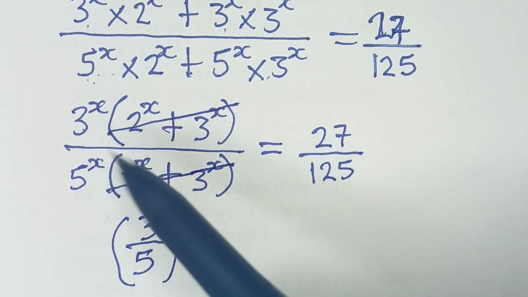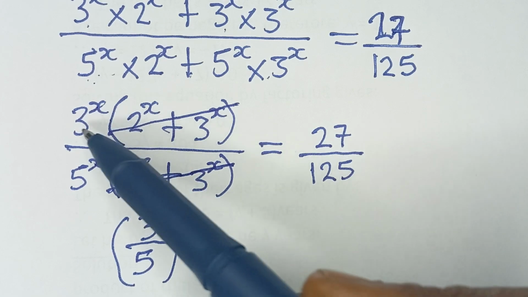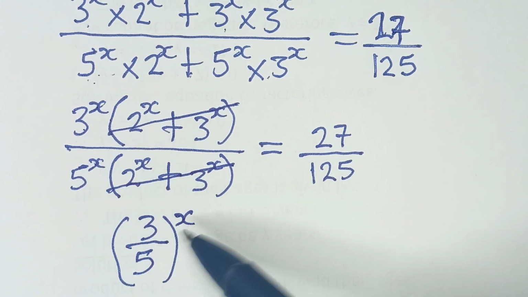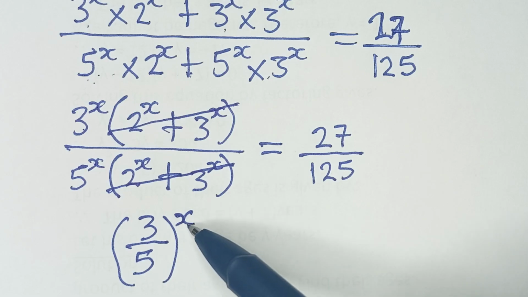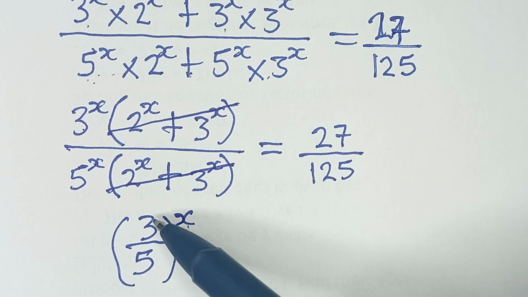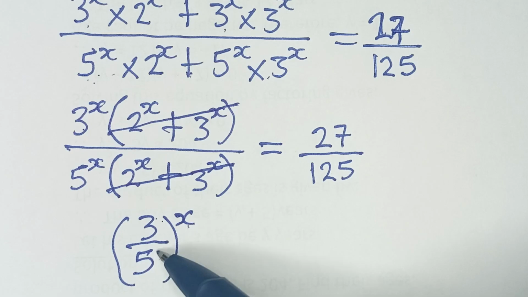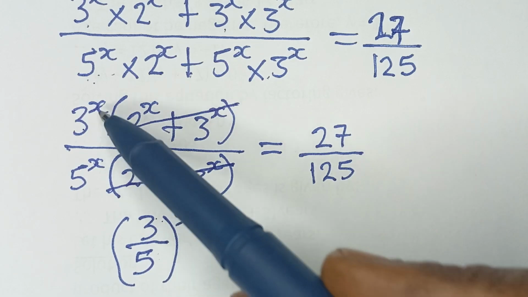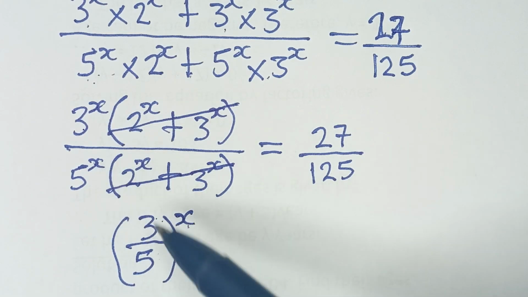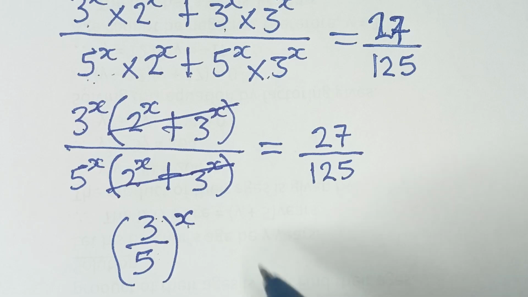Because these powers are the same, I can simply put in the fraction and then put the power outside, since the powers are the same. So this 3^x over 5^x can also be written like this.